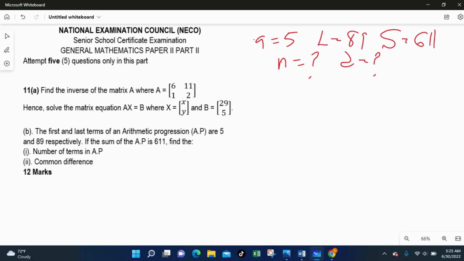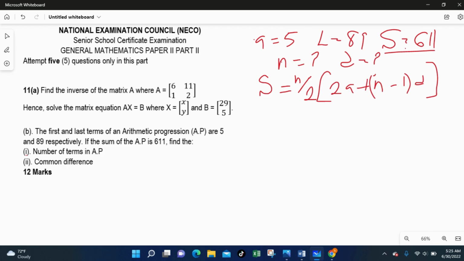Having gotten these parameters, the next thing that should come to your mind is the formula for the sum of an arithmetic progression, because we are given a sum already. You should remember that the sum of an arithmetic progression is equal to n over 2 times the bracket 2a plus (n minus 1)d.